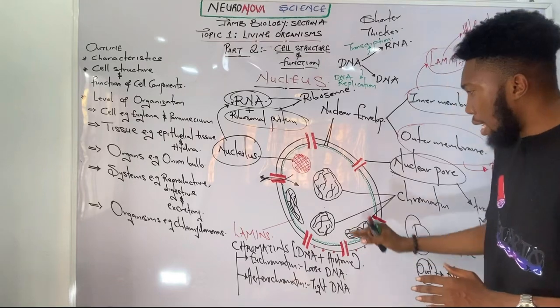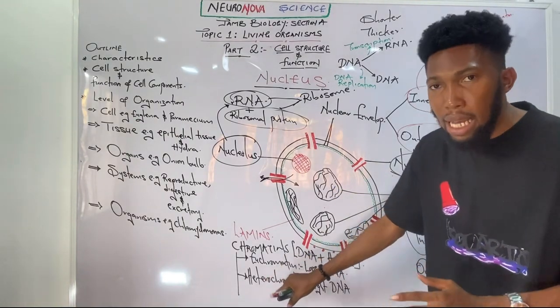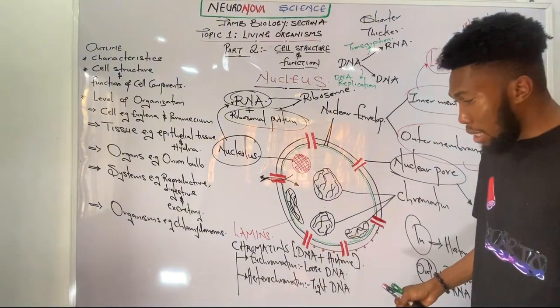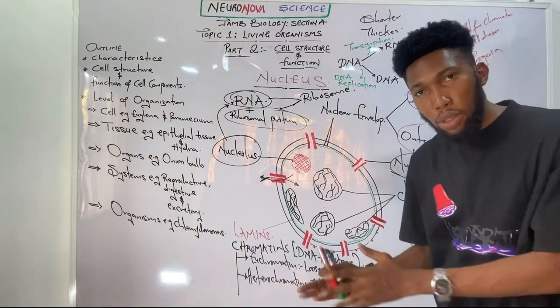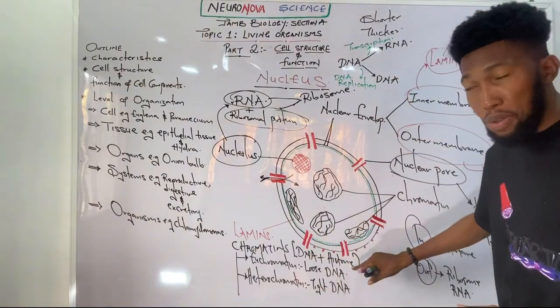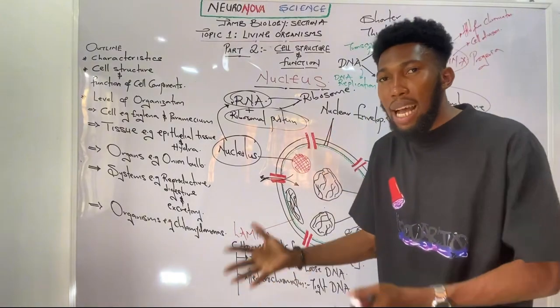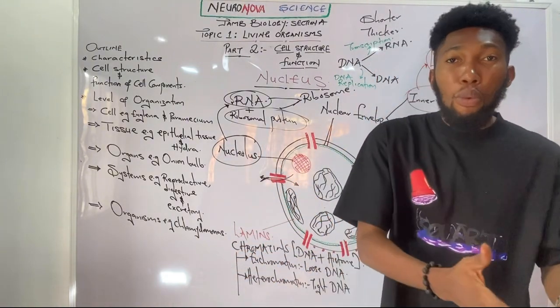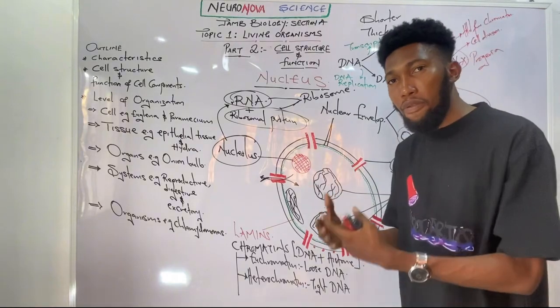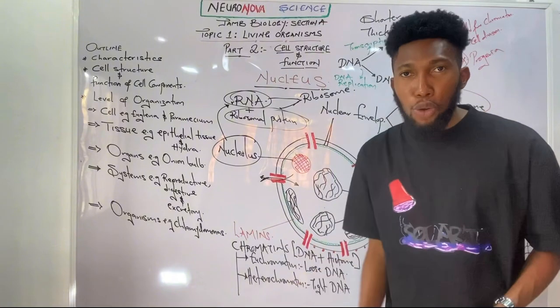And then we talked about chromatins: the loosely packed chromatins are euchromatin, the tightly packed are heterochromatins. Chromatin generally is DNA and histone. Very important. Take note of that. Then we also made mention of the fact that chromosomes are simply the condensed form of chromatins. So during cell division, the chromatins get organized to become a chromosome.